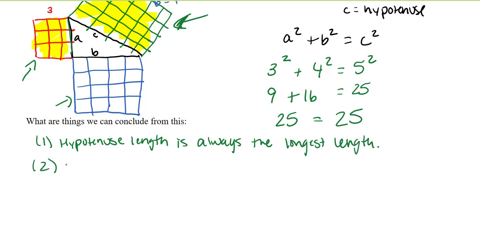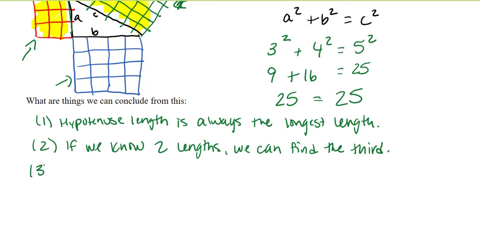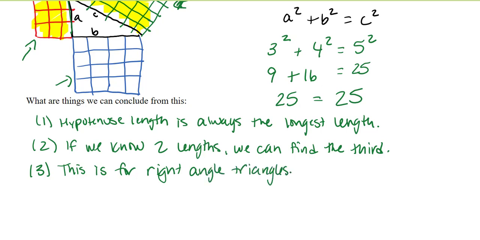Two, if we know two lengths, we can find the third. So that's really helpful. And this is for right angle triangles. So now let's look at some examples.